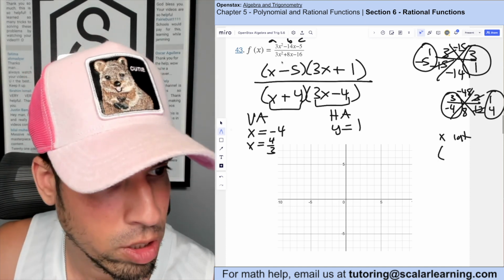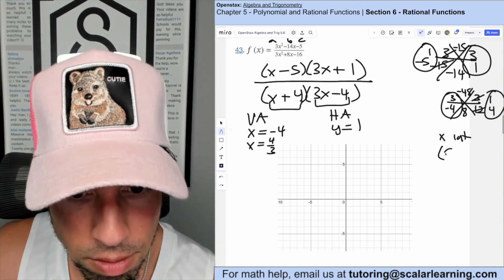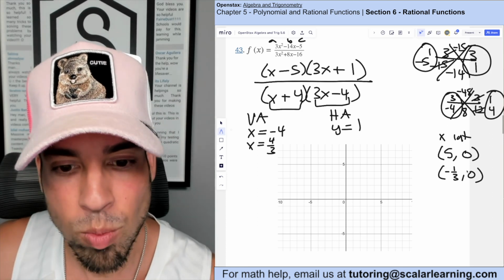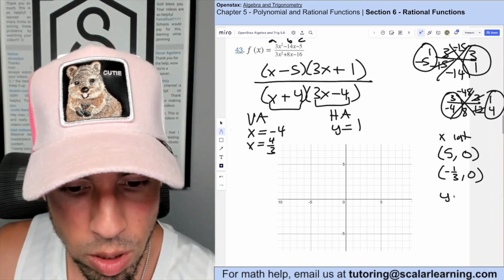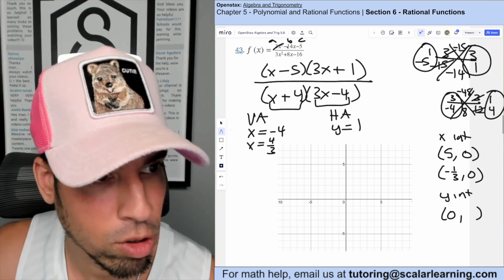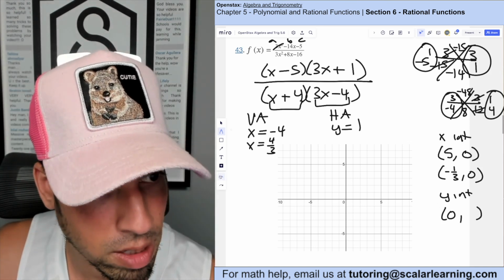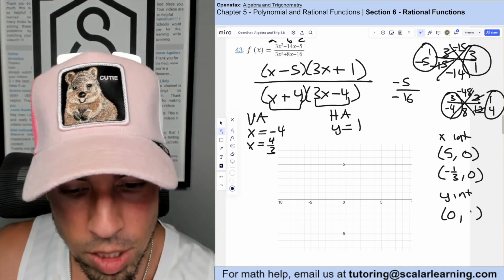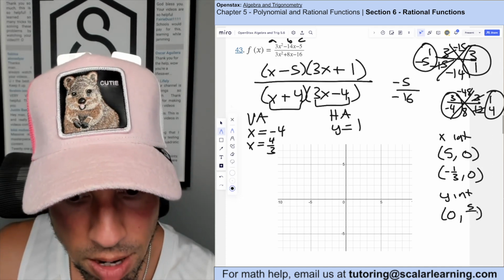So the x-intercepts are going to occur here when x equals 5. And also here when x equals negative 1/3. Last but not least, we want our y-intercept, aka when x is 0. So we're going to plug and chug, right? Plug 0 in, that goes away, and we got negative 5 on top over negative 16. And that means we have a y-intercept of 0, 5 over 16.